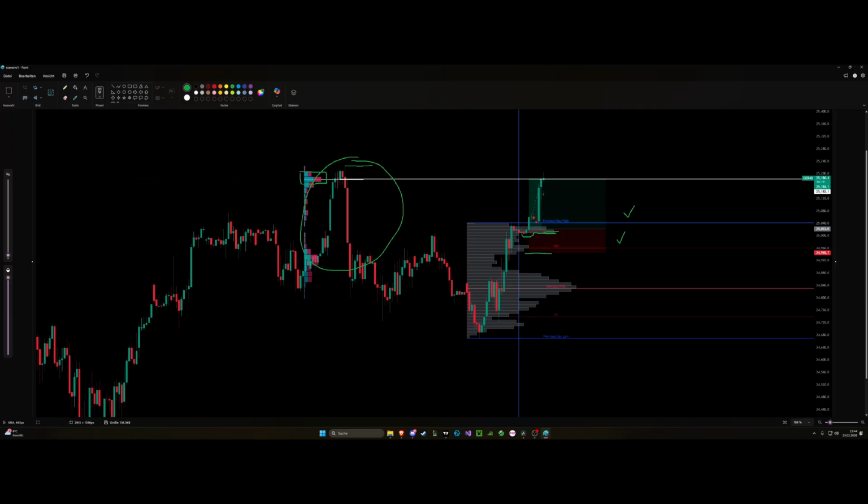A clean continuation, and then the target is based on the volume profile or the fixed range volume profile of our obvious take profit target. This is one of the strongest don't-overthink-it scenarios. You just see these two things, look at your target, and that's it, free money.